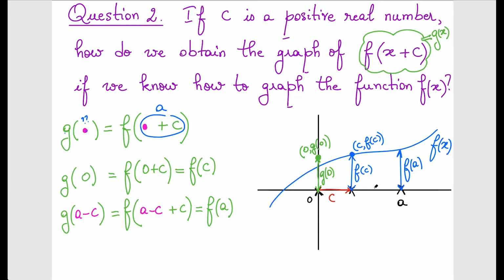So maybe something like this, that's maybe a minus c. So what g is going to produce now, the green function, is going to be found at the same y level as f, but at time a. Okay, so that's the height that I'm going to preserve here.